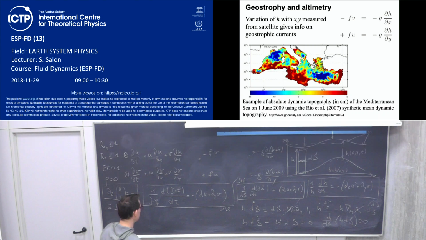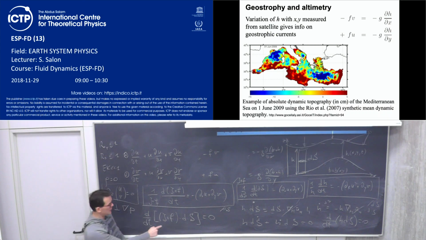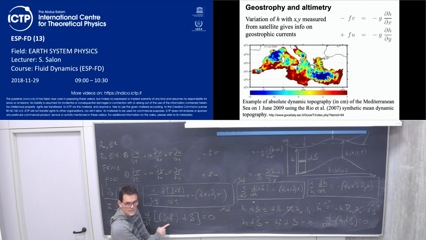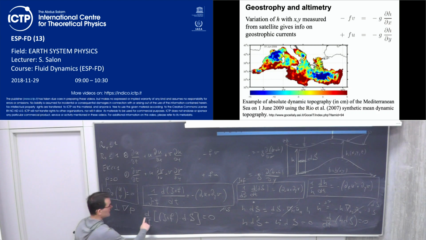The only difference is that the conserved quantity is the product between the total vorticity and the cross section. This expression means that the vorticity flux is conserved in time.